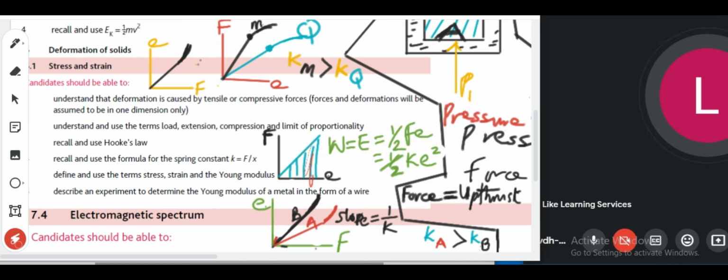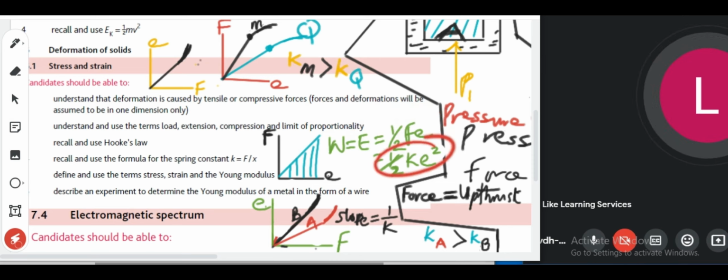Area under the graph of force against extension will give us the work done in stretching a spring or deforming a spring, or the energy stored in a spring that is stretched or squashed. That work done or energy is half times force times extension.